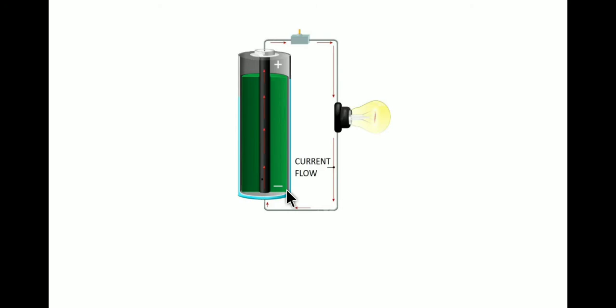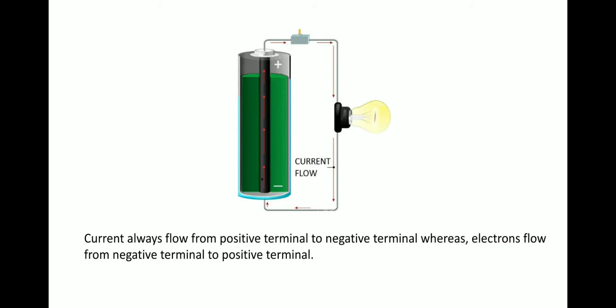Over here it is the same thing: if the electrons move from the negative terminal to the positive terminal, then the current always flows from the positive terminal to the negative terminal, whereas electrons flow from negative to positive terminal.